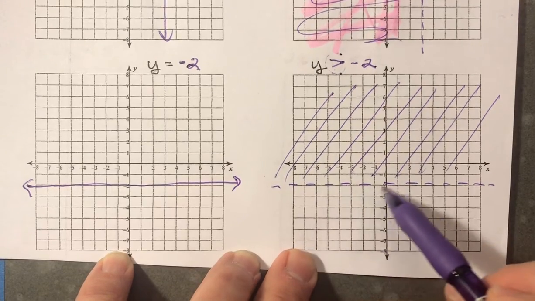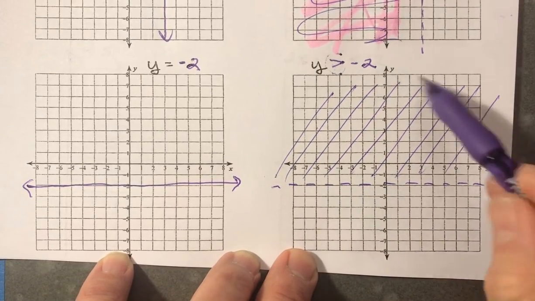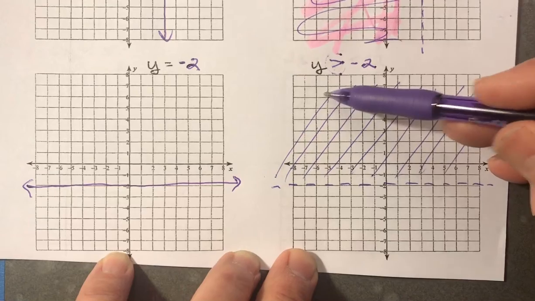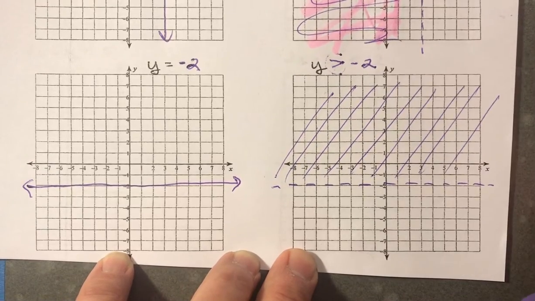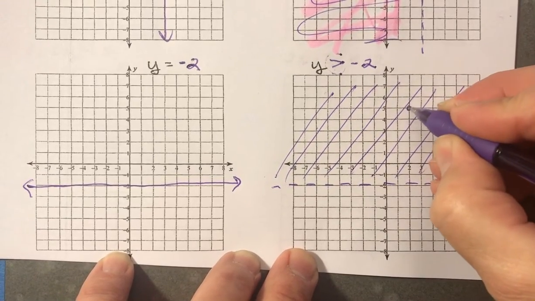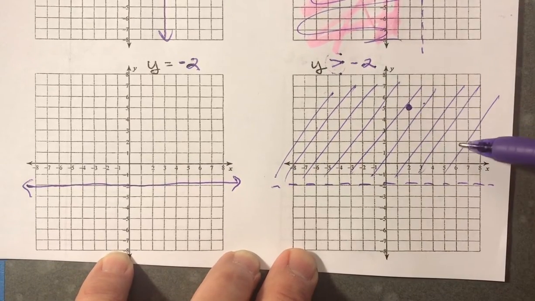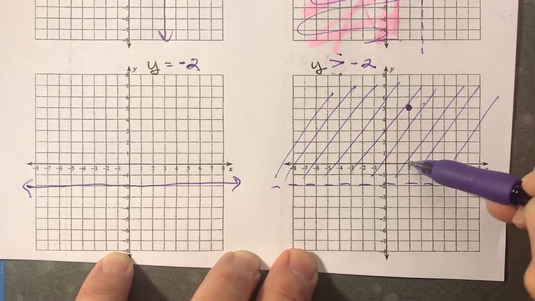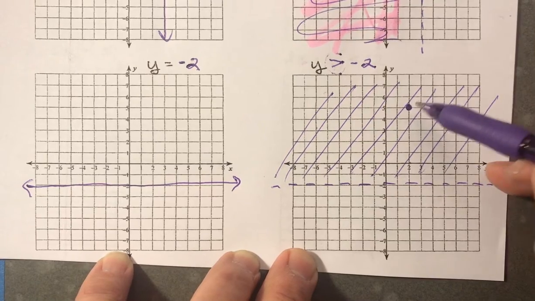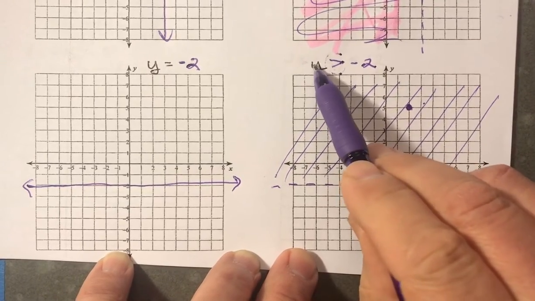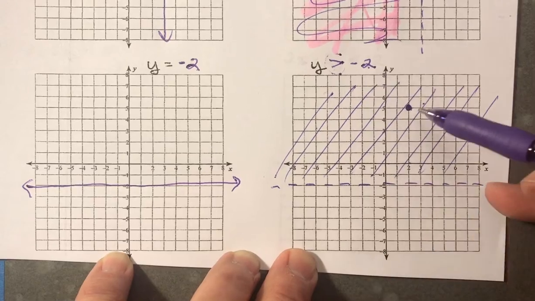It can't even be equal to negative 2. It's going to be everything above negative 2 here. And if we choose a point on this side of the line, or in this half plane, for example, (2, 5), notice that the y value is greater than negative 2.